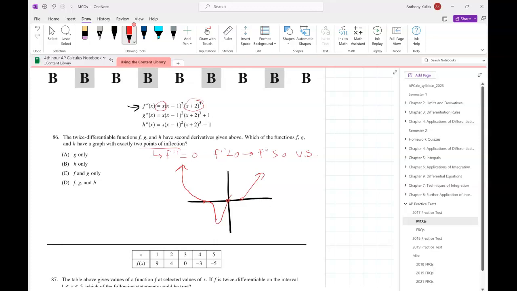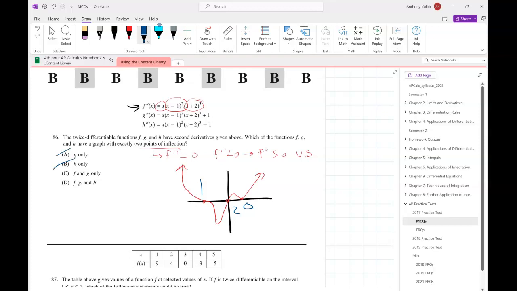Straight through. And then how does it cross when the multiplicity is 2? Bounces. So if I look at this, I have 1 inflection point, 2 inflection points, not an inflection point though, because there's no change from negative to positive or positive to negative. So there's 2. So I know F has to be one of the answers.